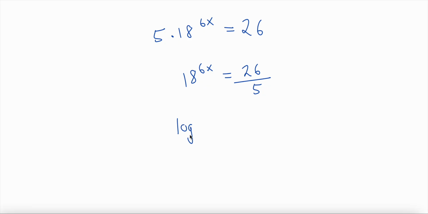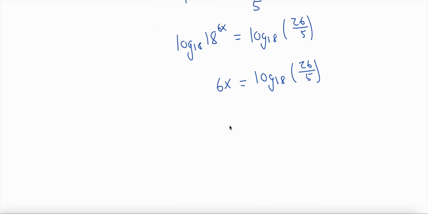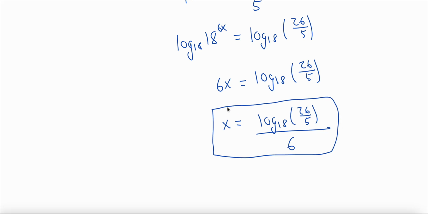So we have log base 18 of 18 to the 6x equals log base 18 of 26 over 5. And on the left-hand side, we're going to be left with 6x equals log base 18 of 26 over 5. And then we can divide both sides by 6, leaving us with x equals log base 18 of 26 over 5 divided by 6. And that's going to be our final answer for that one.